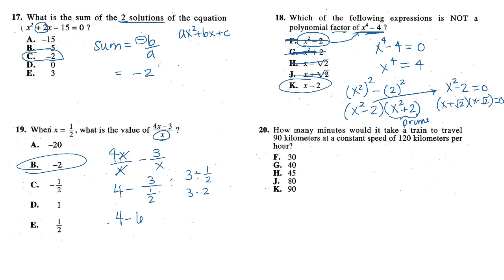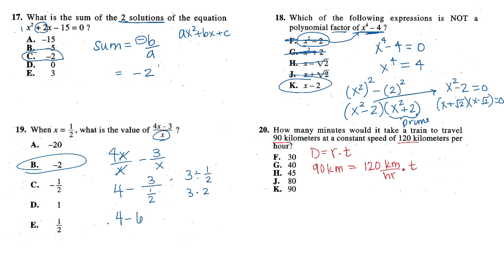Okay, number 20. Right, we know that distance equals rate times time. And we need to go 90 kilometers, and we need to know how many minutes that would take, and we're traveling at a rate of 120 kilometers per hour times our time.